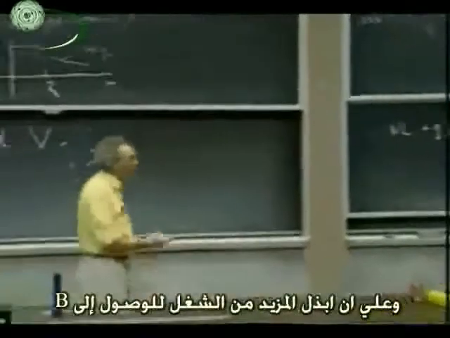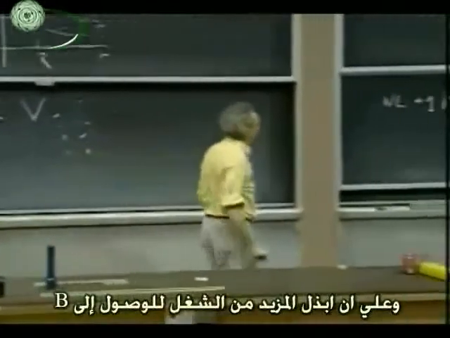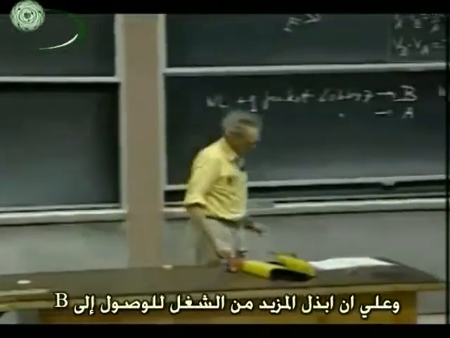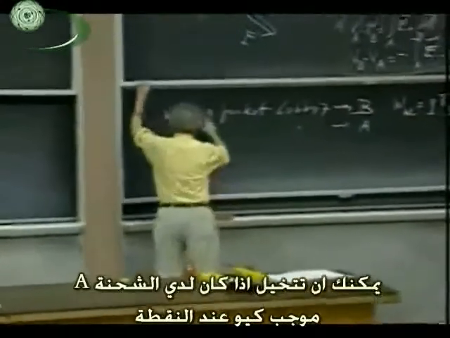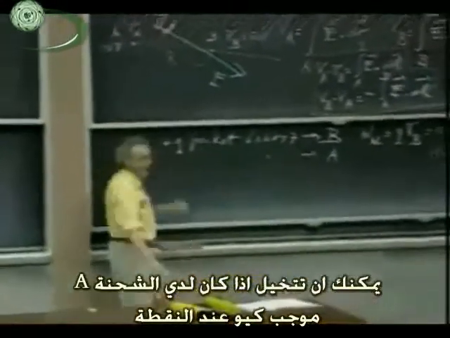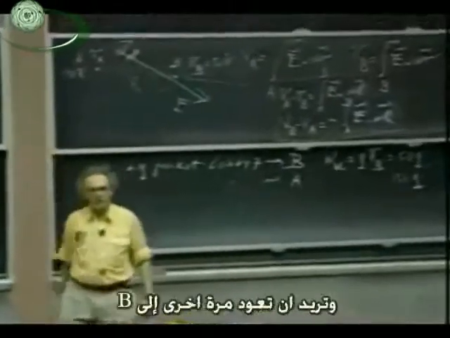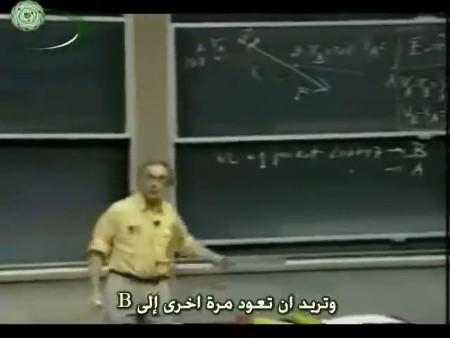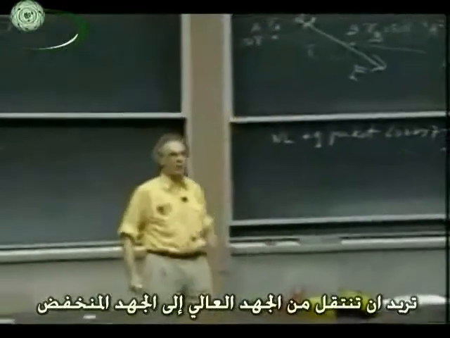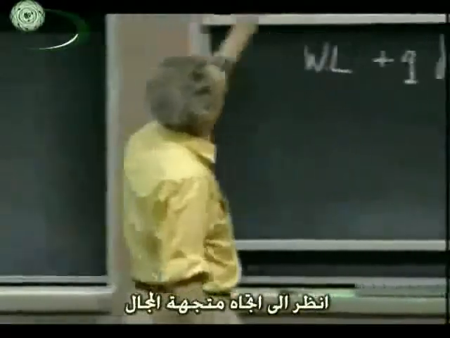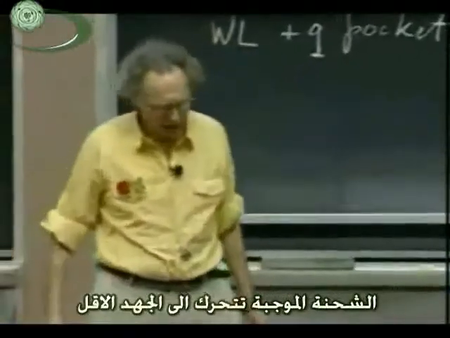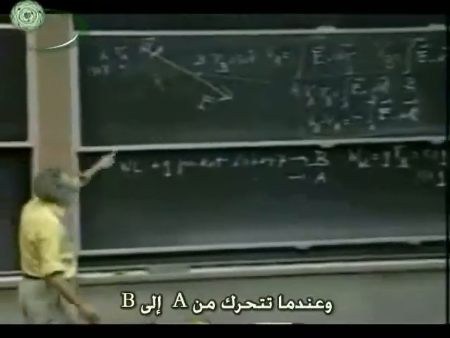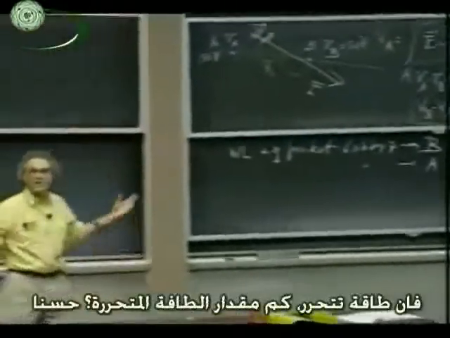I have to put in another work to get all the way to point A. So you can imagine if I have this plus Q charge at point A, where it is at a higher potential, it wants to go back all by itself to B. It wants to go from a higher potential to a lower potential. Look, the E vector is in this direction. Positive charge will go to a lower potential. And as it moves from A to B, energy is released.